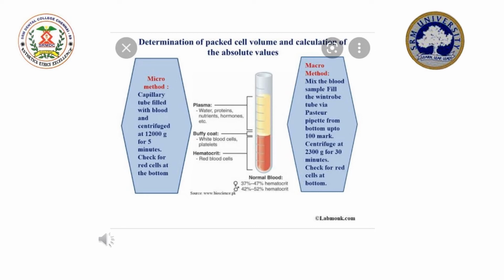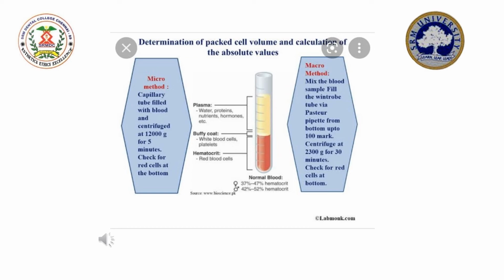Once again, centrifugation of blood is done. As the tubes in this case are not graduated, in contrast to the Wintrobe's tube, the PCV is measured using a PCV chart.